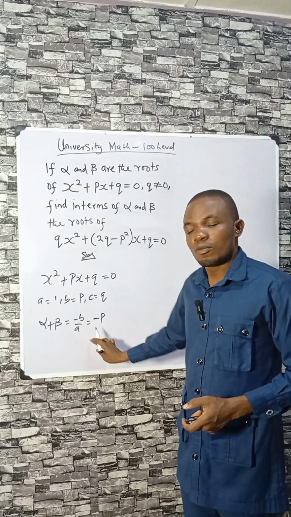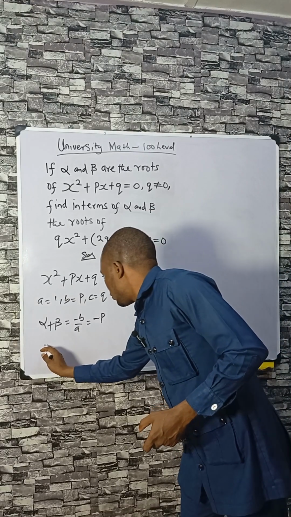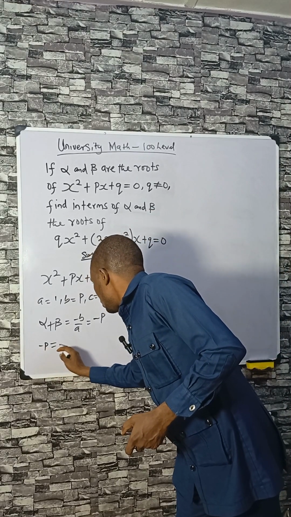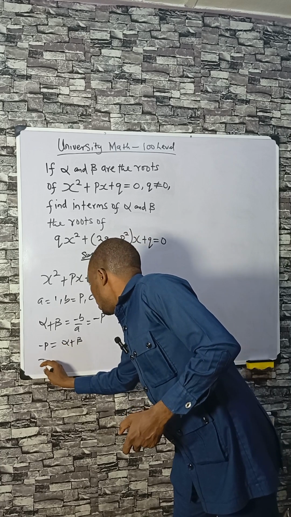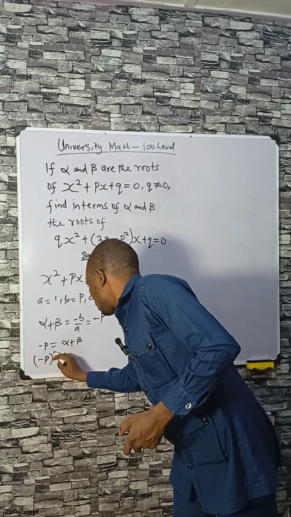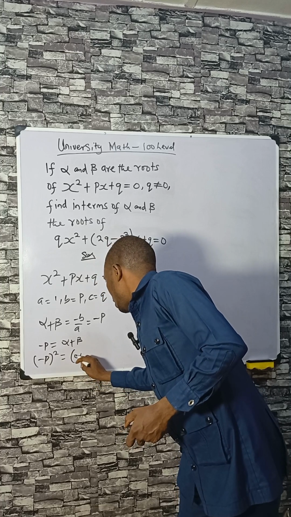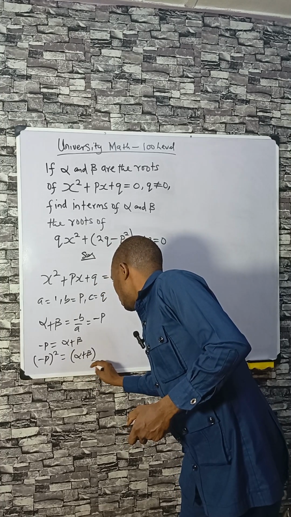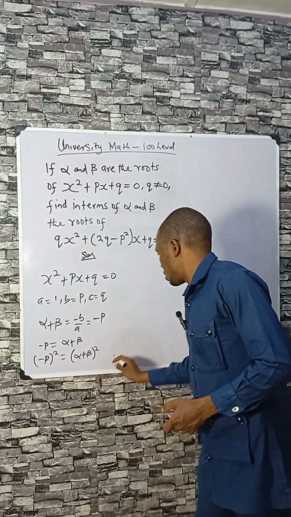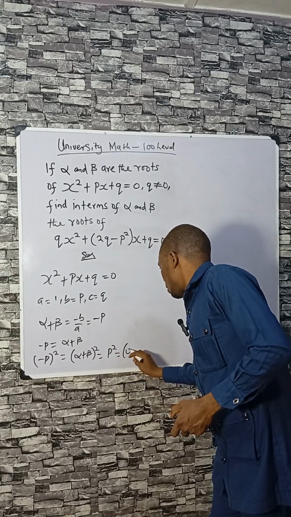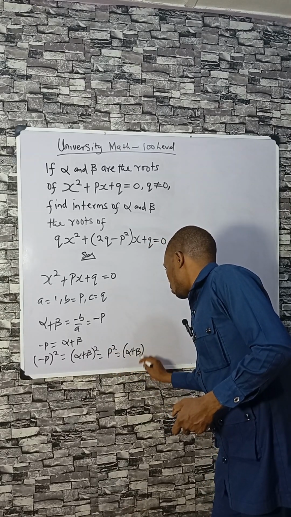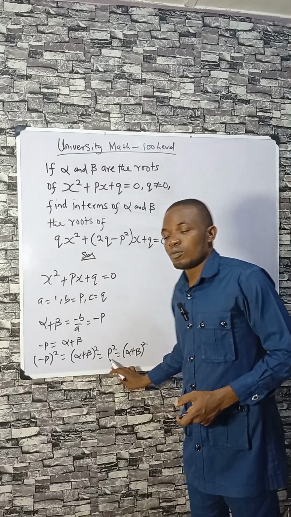That is for the sum of roots. But if minus p equals alpha plus beta, then p squared equals alpha plus beta all squared. There's a reason for this. That will be p squared equals alpha plus beta all squared. That is for the sum of roots.